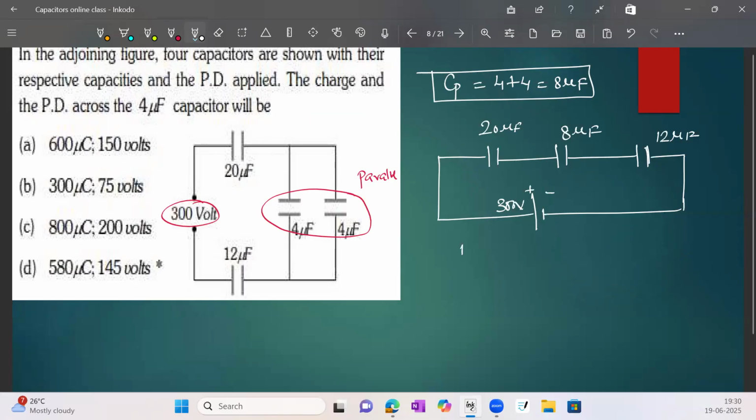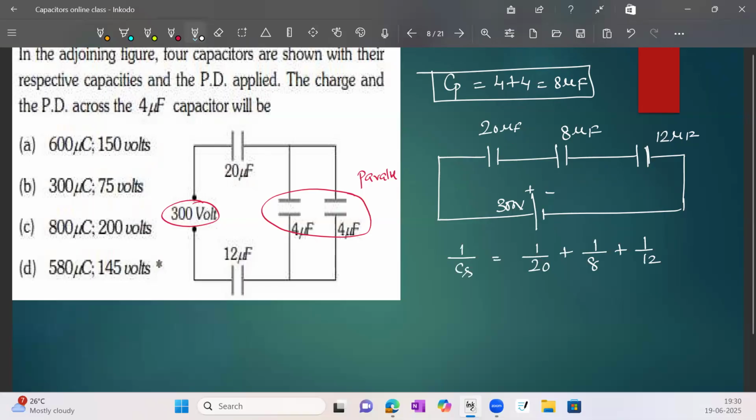So for equivalent capacitance, 1 by Cs equals 1 by 20 plus 1 by 8 plus 1 by 12. So what is the LCM here? Can you tell the LCM?